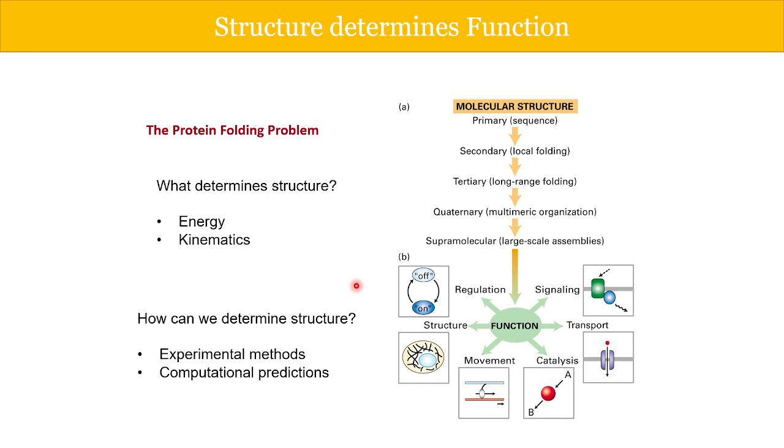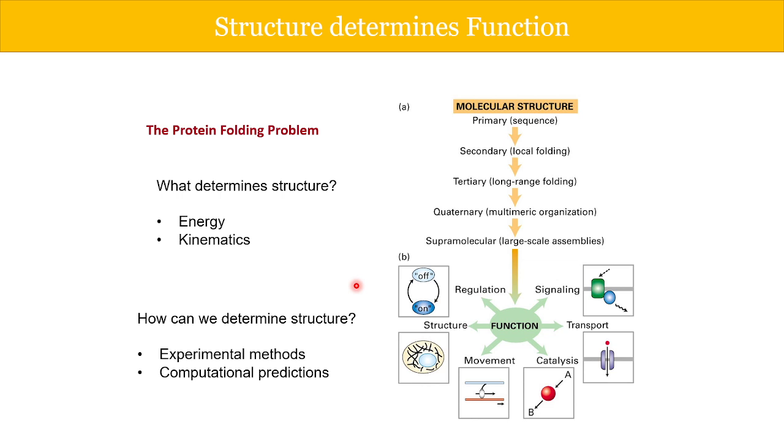So structure determines function. If there is a loss of structure of the protein, it leads to disabilities in the function. But why is the function important? Because proteins have a lot of roles to play apart from just structure. They play a vital role in signaling molecules, cellular regulation pathways, catalysis like the enzymes, and different cell movements, like your catenins, nectins.